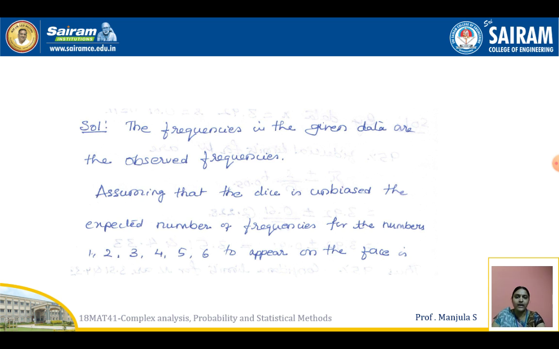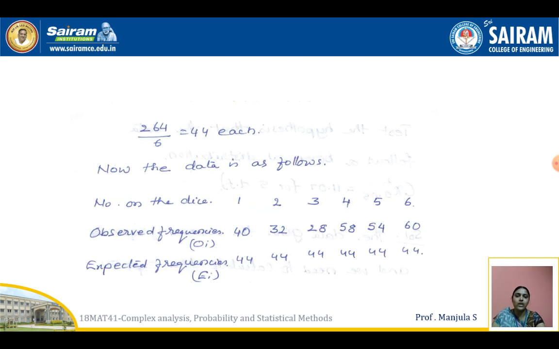Assuming that the die is unbiased, meaning it is proper, we give equal opportunity to each number. Total tosses 264 divided by the 6 numbers is 44 each.